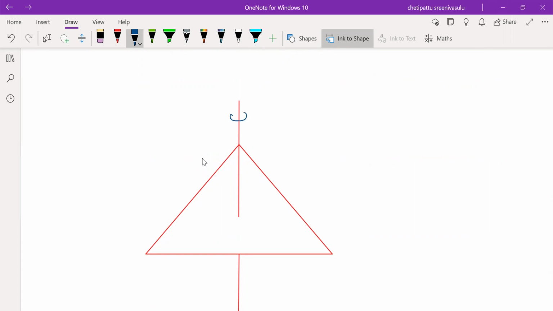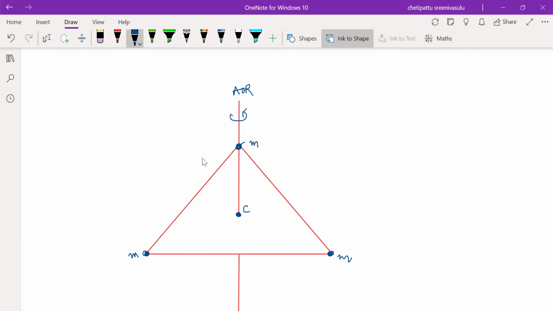Next, about this axis, look here. This is the axis of rotation. The triangle has a centroid, and the axis is passing through the centroid. Three masses are located at the corners of the triangle, each having mass m.